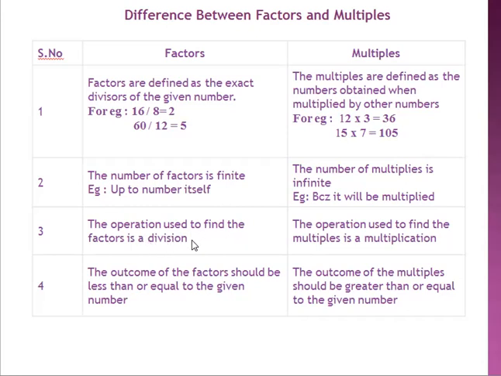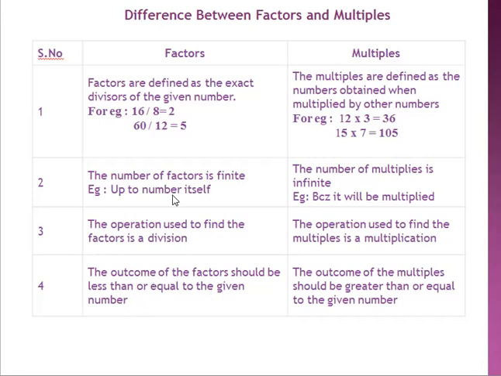If you ever want to find the factors of any number, you have to use the division method. The operator that you use is divide. And the operation used to find the multiples is multiplication. So if you want to find the product of any number, you have to multiply. The outcome of the factors should be less than or equal to the given number.